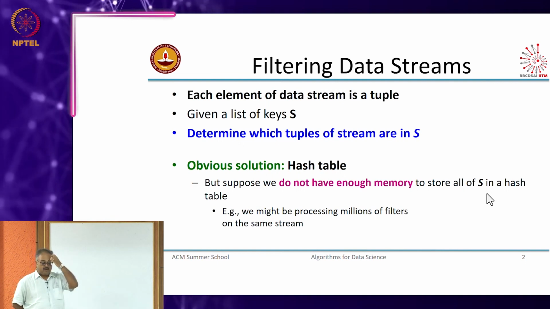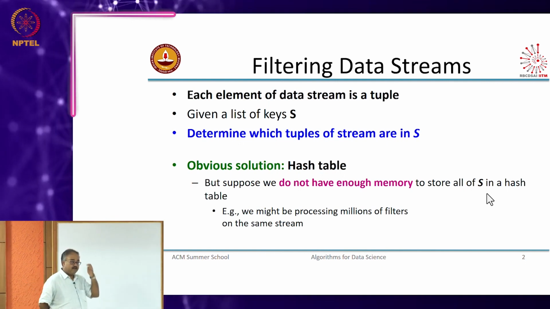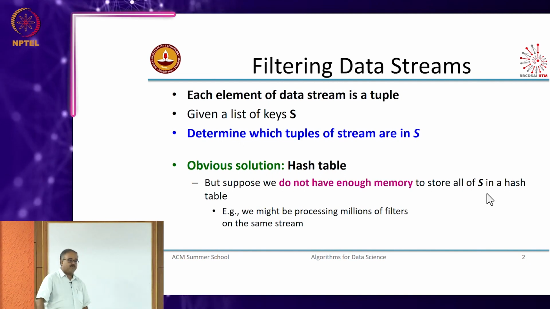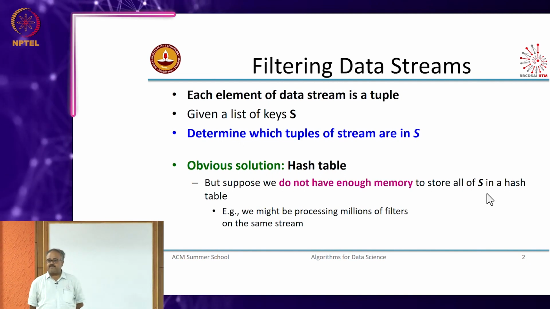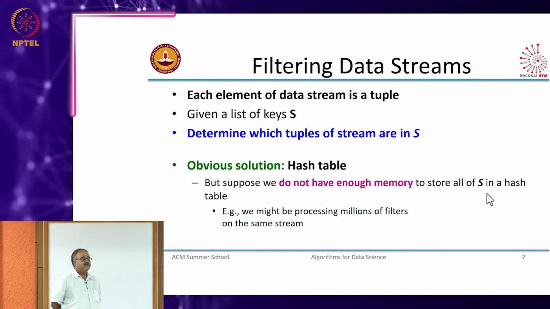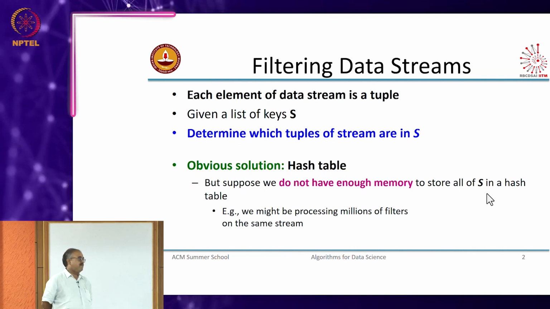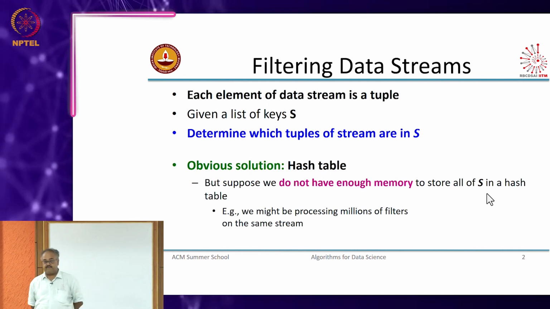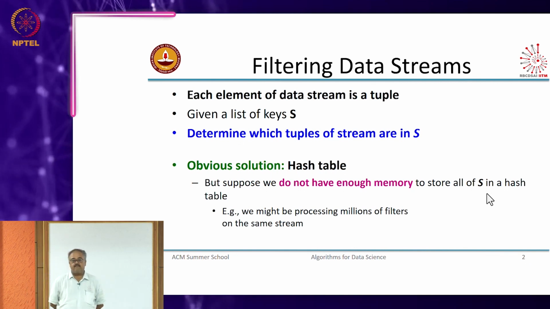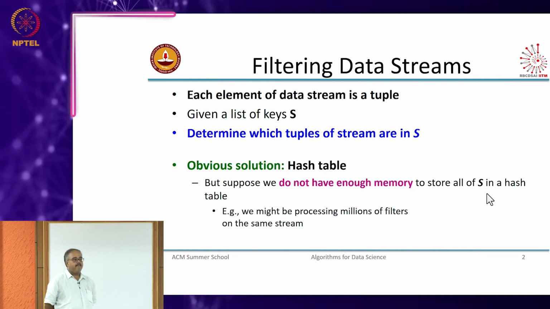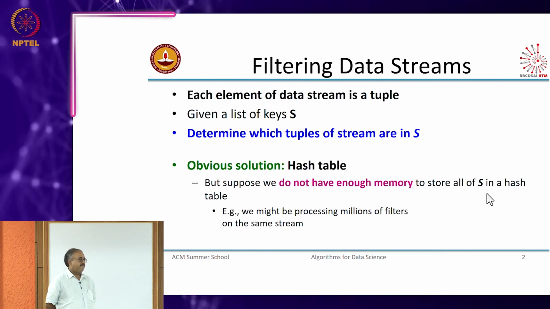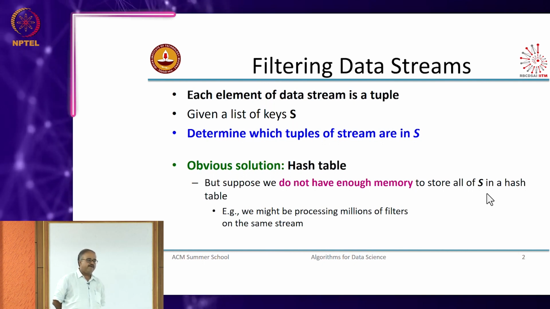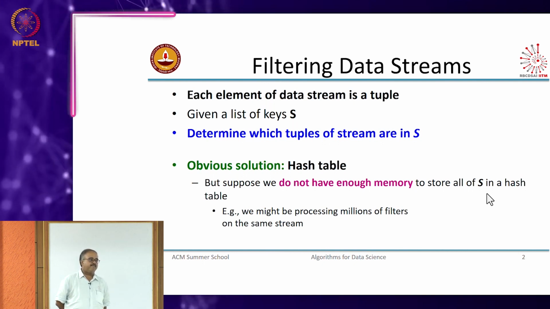So the obvious solution that we are going to go for is hash it into something much smaller, hash aggressively, so that the memory requirement comes down significantly at the cost of, there has to be a trade off, right? What could be the trade off?